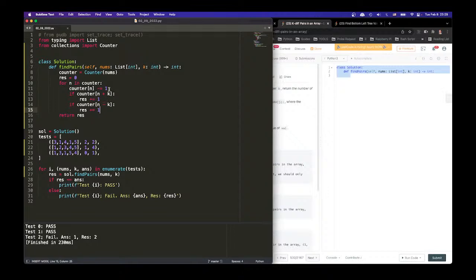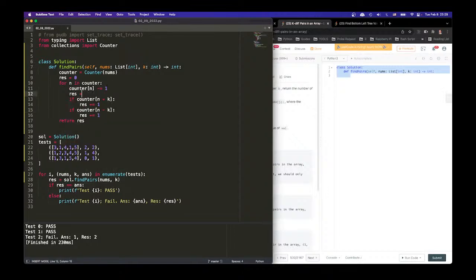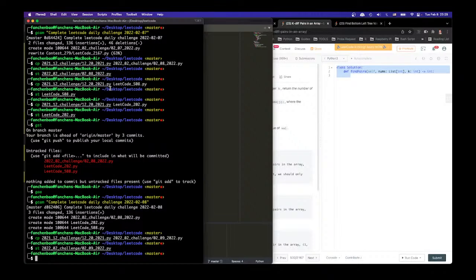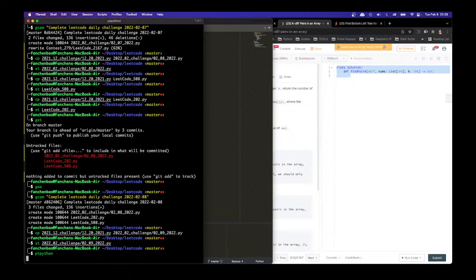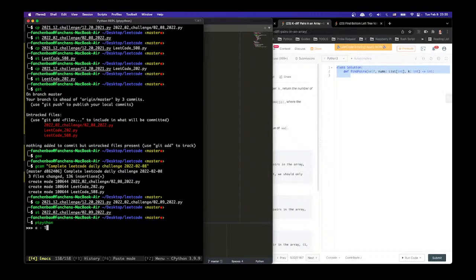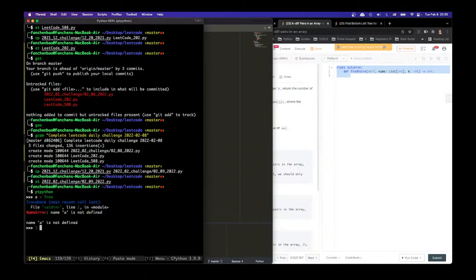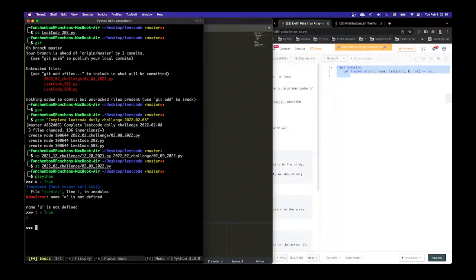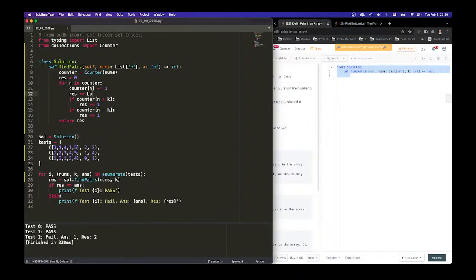I just realized there's something I can do. I think I pretty much can do res plus equal to. Actually, I'm not quite sure. I think Python has this. I can say 1 plus true, that's 2, right? So I just do a boolean on this.